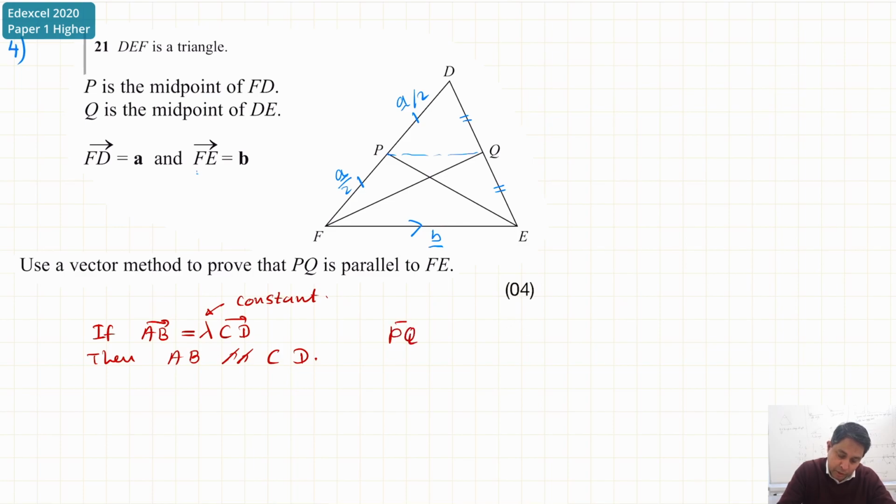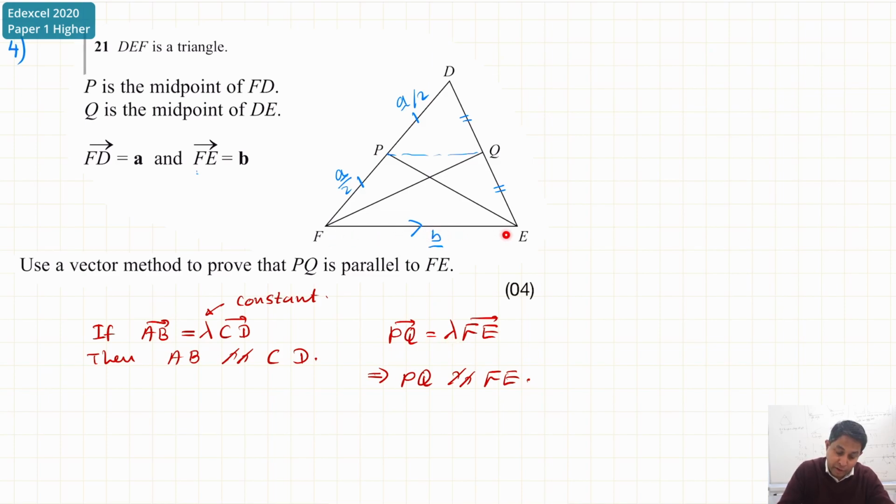You should be able to write vector PQ as a scalar multiple of vector FE. Then you can say that line segment PQ is parallel to line segment FE. Let's see how you can get a result something like this. Here lambda is a constant.